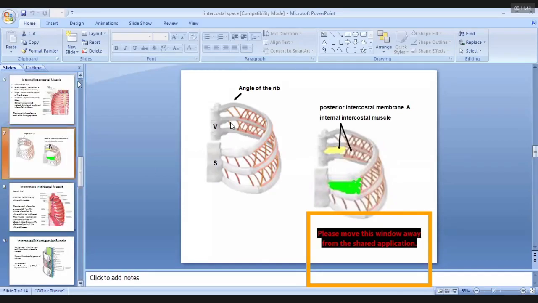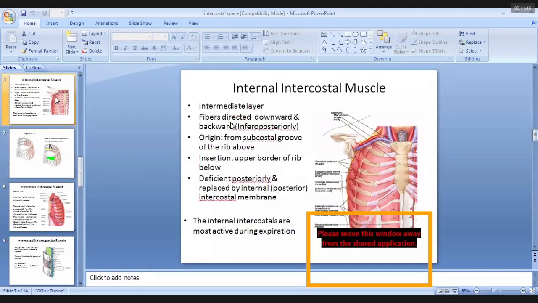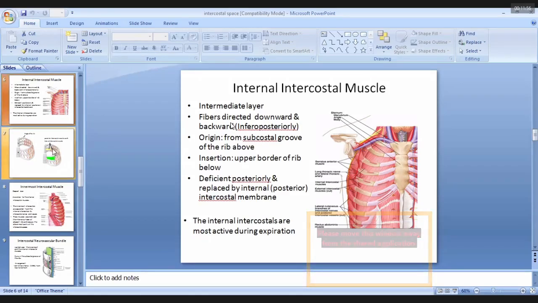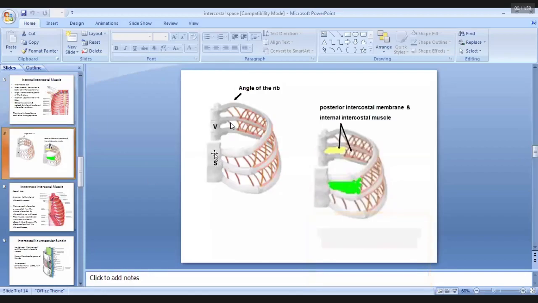The origin of the internal intercostal muscle arises from the subcostal groove of the rib above and is inserted on the upper border of the rib below. The internal intercostal muscle extends from the sternum to the angle of the rib at this level.